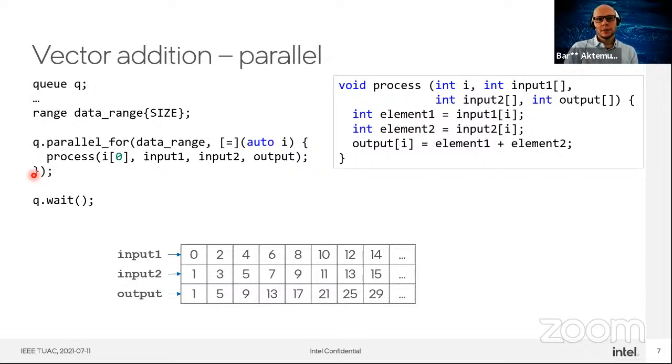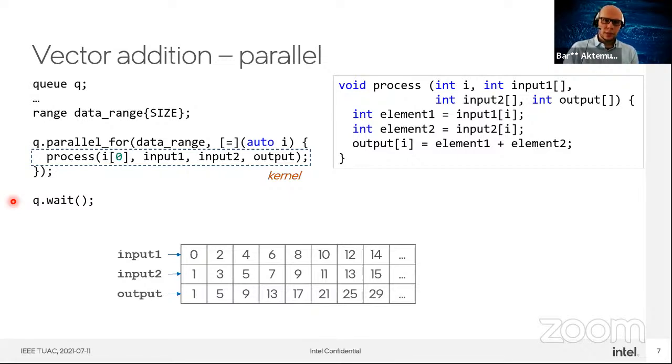What happens in this case is that the DPC++ runtime receives the so-called kernel. This is the computation kernel, and it's going to distribute it to multiple threads, so that our computation is going to be executed in parallel.